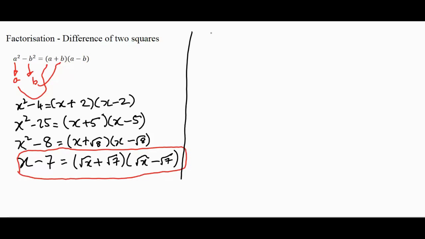Now the squares don't actually have to be just squares. What I mean by that is you could have x to the 4 minus 16, for instance. The square root of x to the 4 is x squared, and the square root of 16 is 4. So that leaves us with x squared minus 4.